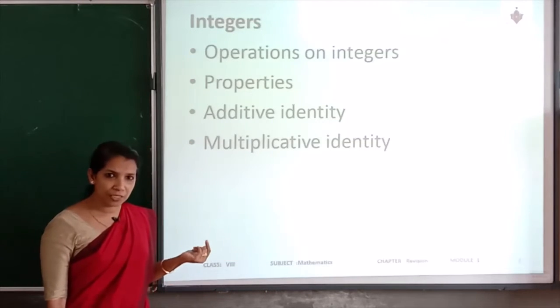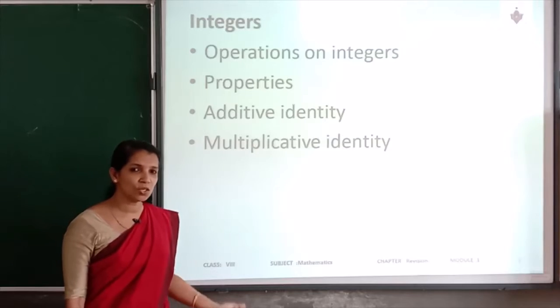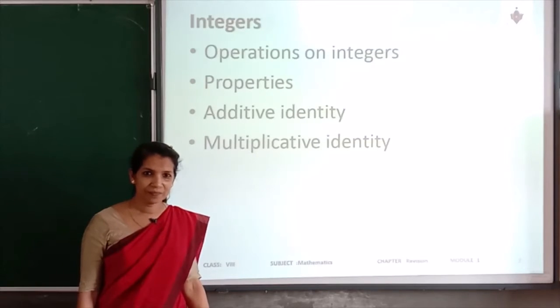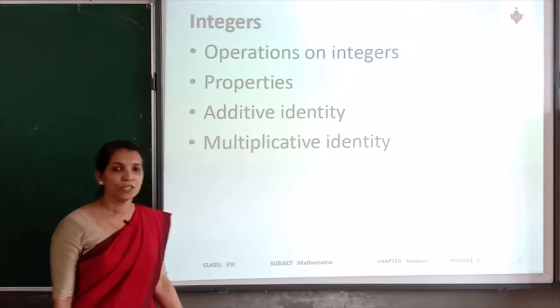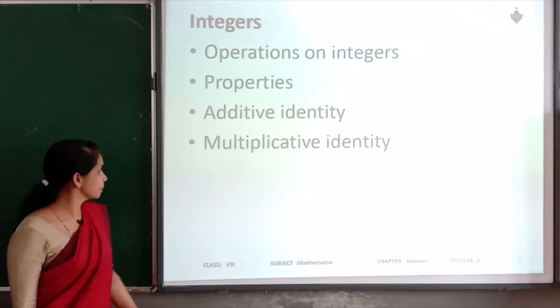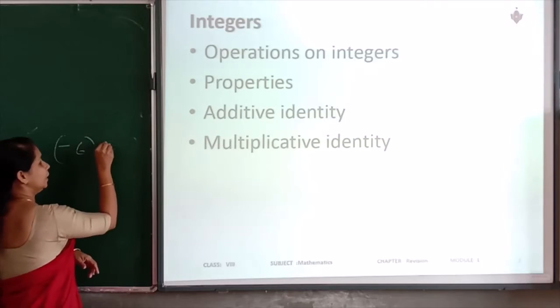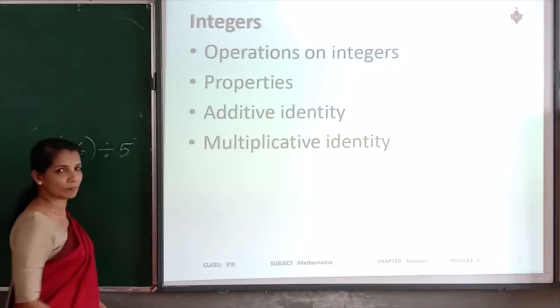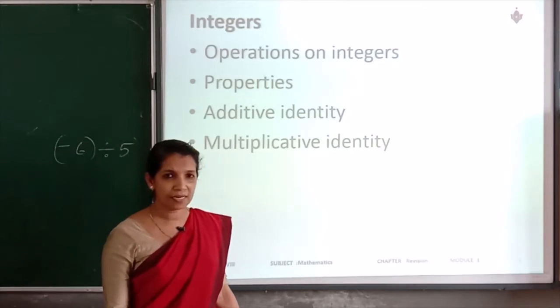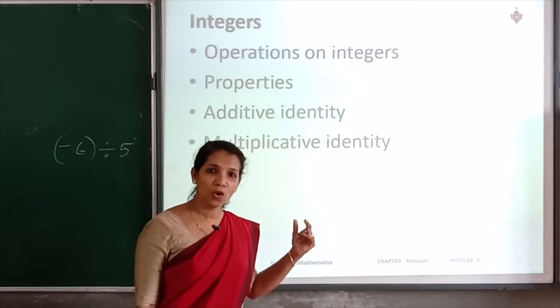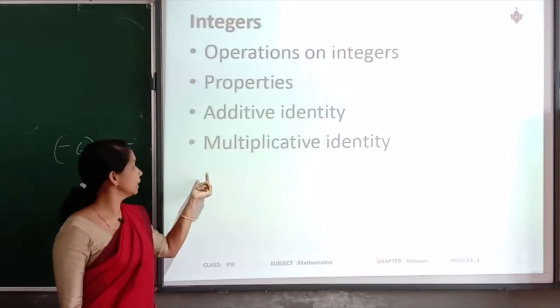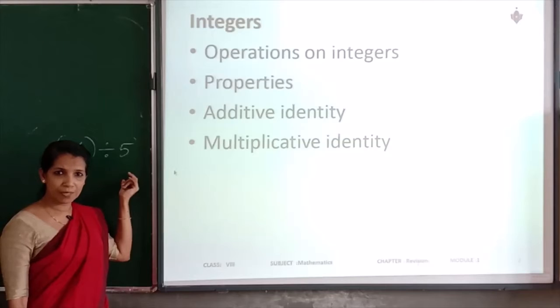When you multiply two integers, there also you will get an integer. But when you divide two integers, negative 6 divided by 5, will you get an integer? No, here you will not get an integer, you will get a decimal number.